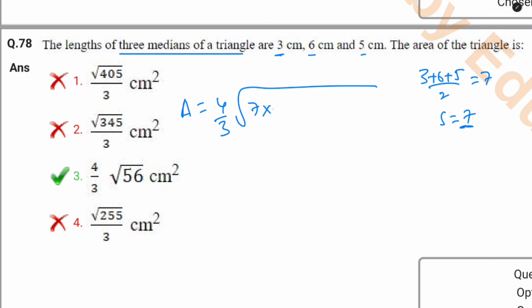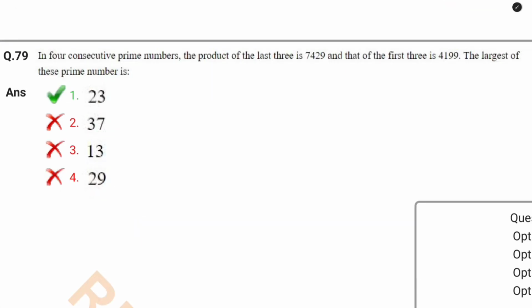That means 7 minus 3, 4. 7 minus 6, 1. 7 minus 5, 2. So 4 divided by 3, square root of 7 into 4 into 1 into 2, 8. 8 into 7, 56. So option 3.